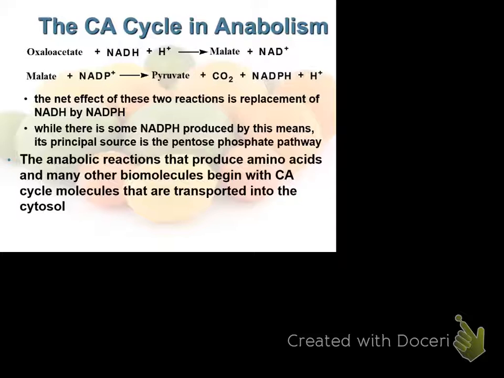Essentially, that's what I was saying here, is inside the mitochondria, you were utilizing NADH with the malate dehydrogenase, but the cytosolic form of it, you're ultimately going to get NADPH out of it.